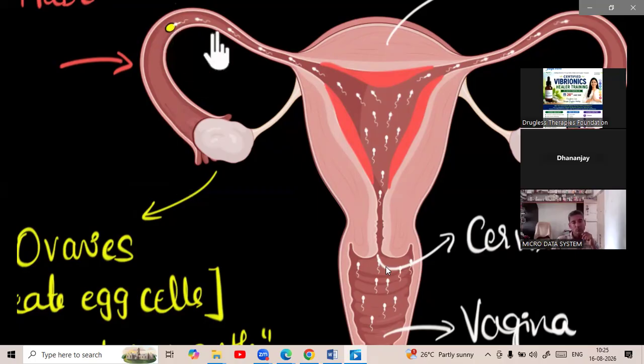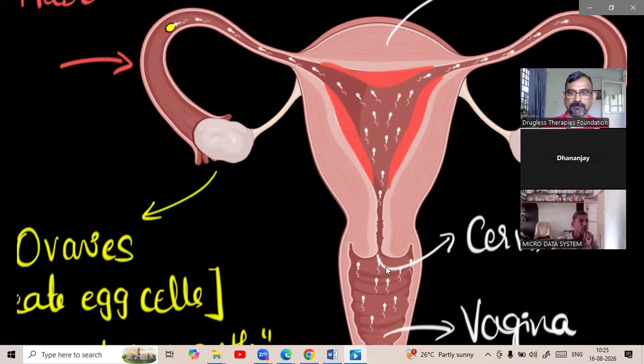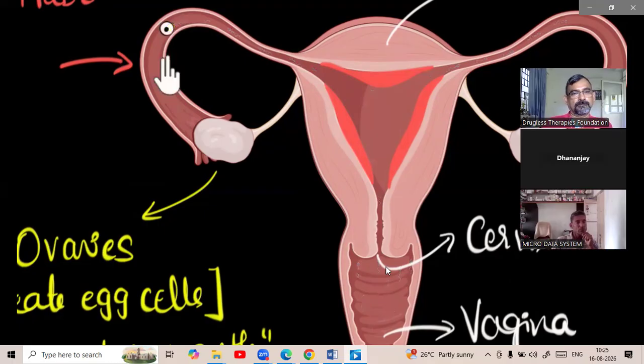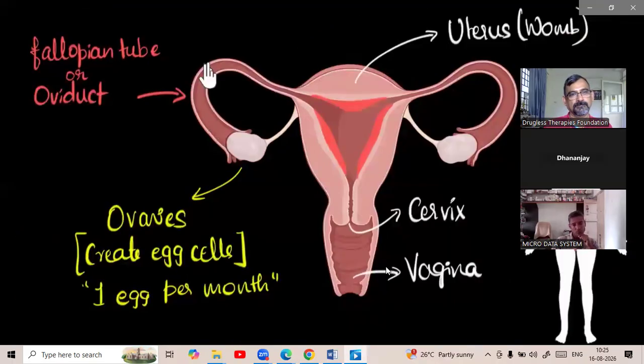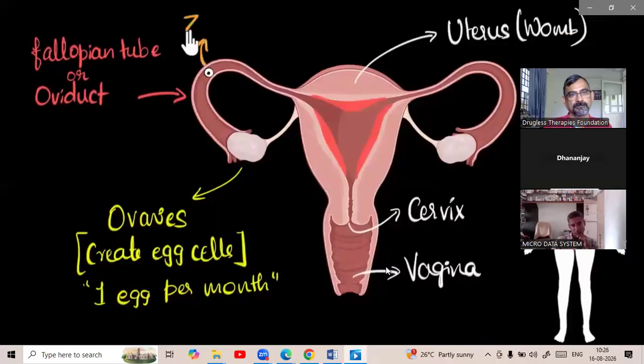After that, no more penetration can happen into the egg. Almost all of the other sperms will die out. And as a result, we'll now end up with a fertilized egg, which is called the zygote. The zygote is basically the fused egg and the sperm.